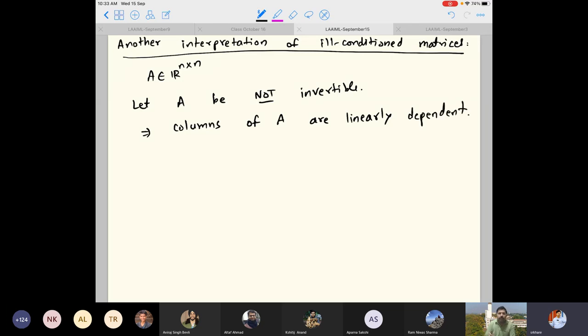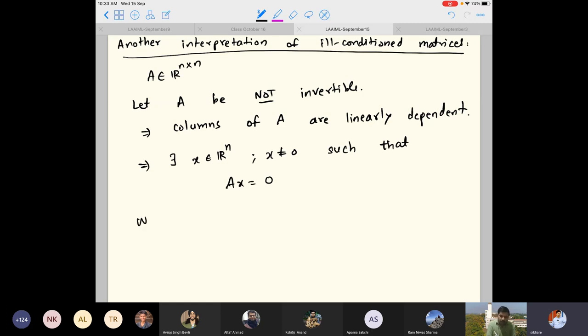If columns of A are linearly dependent, then there exists a vector x in R^n, x not equal to 0, such that Ax is equal to 0. Do you all agree that this is what it really means?